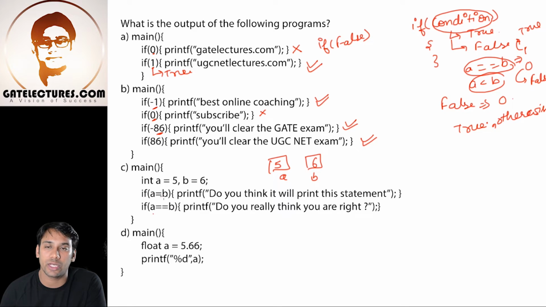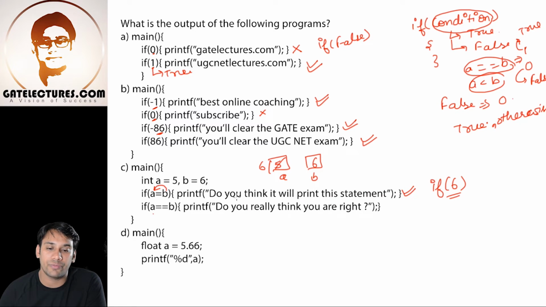So what is this a single equals b? That means I'm copying the value of b into the variable a, and then it is going to return that value. So I've copied 6 into the variable a and it is going to return the value. That means this statement is going to be if 6, and if 6 means it is true, therefore this statement will be executed.